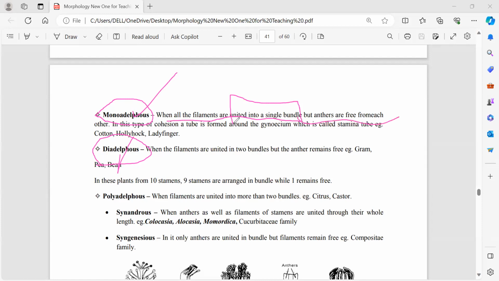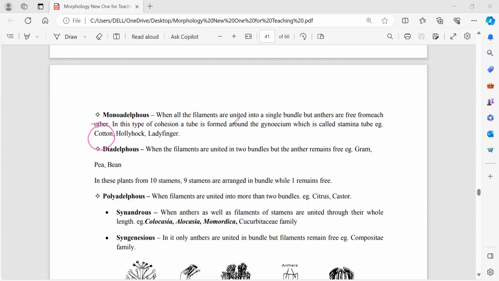Anthers are free from each other. And in this type of cohesion, a tube-like structure is formed around the gynoecium, which is called a staminal tube. क्या कहते हैं इसको? Staminal tube. Exactly, staminal tube.